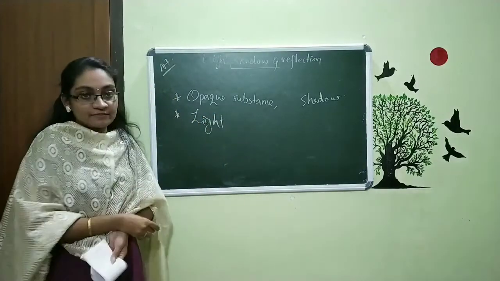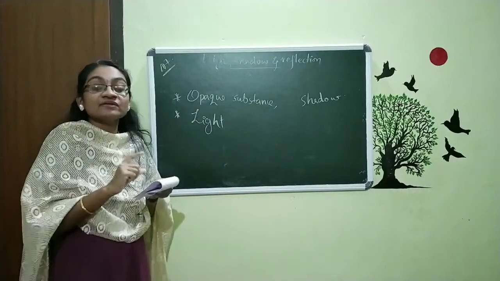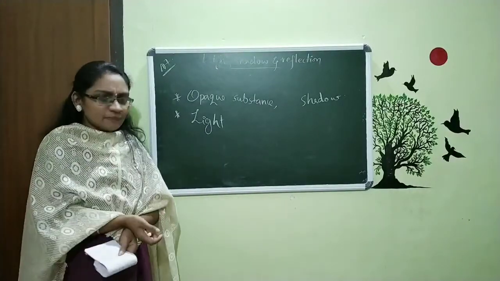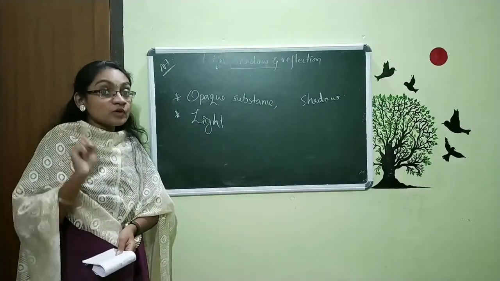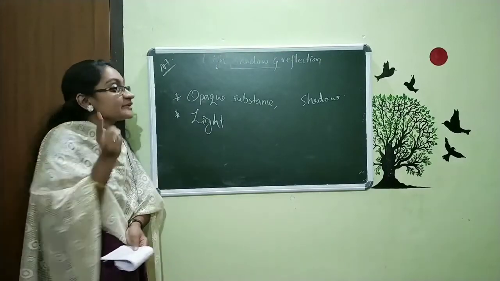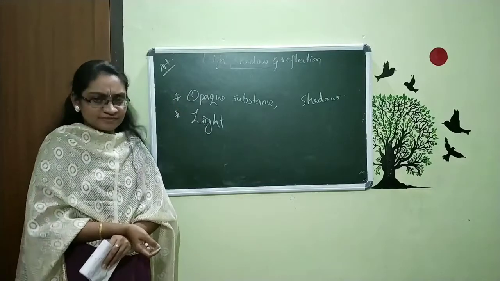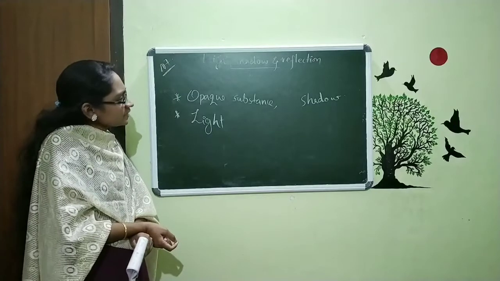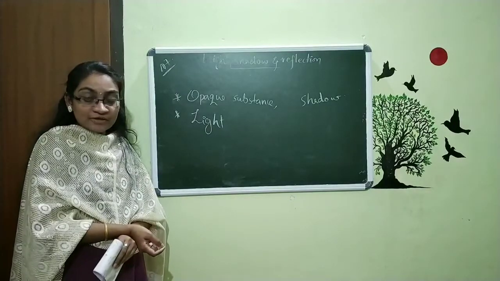For example, this is one dark room and in my hand there is one opaque substance. Is it possible to make shadow? No. It is only possible to make shadow with the presence of light and also with the presence of opaque substance. And now my question is, is anything else needed to make this shadow?